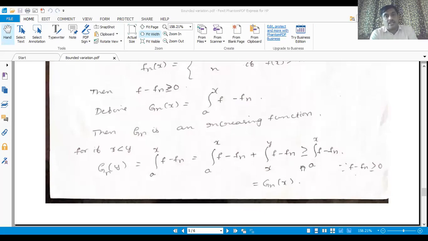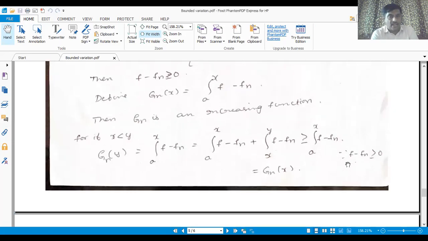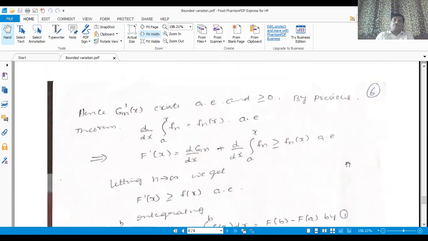This is greater than or equal to the integral from a to x of f minus f_n. That means g_n(y) is greater than or equal to g_n(x), so it is an increasing function, because f minus f_n is positive, greater than or equal to 0.